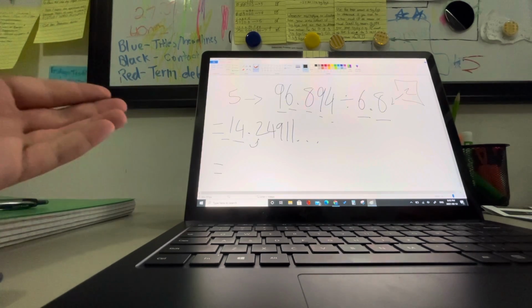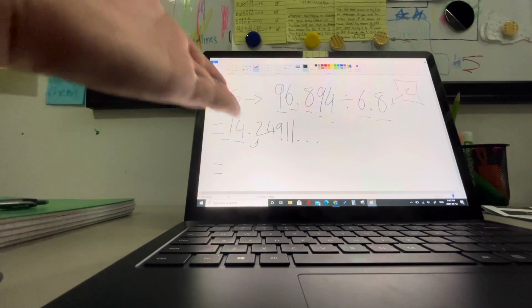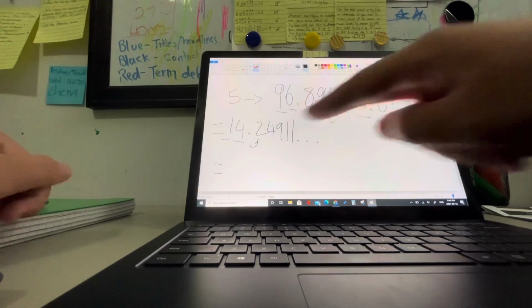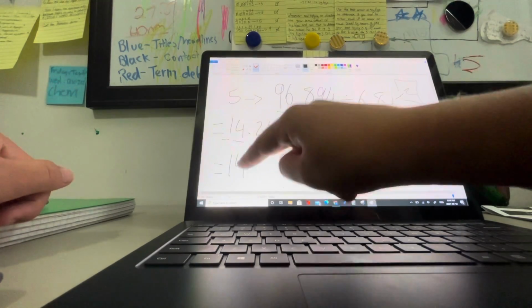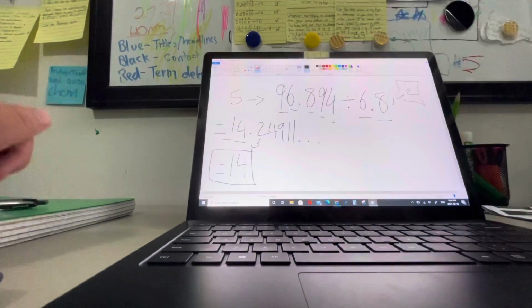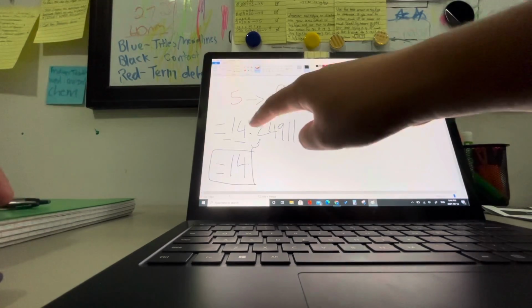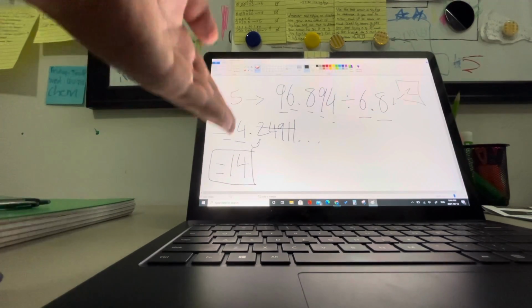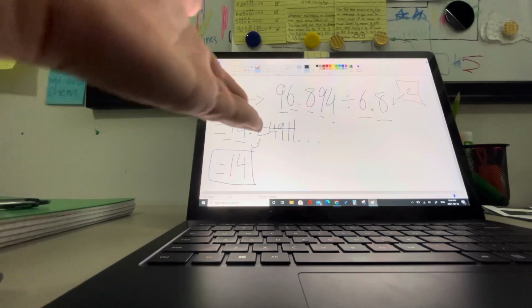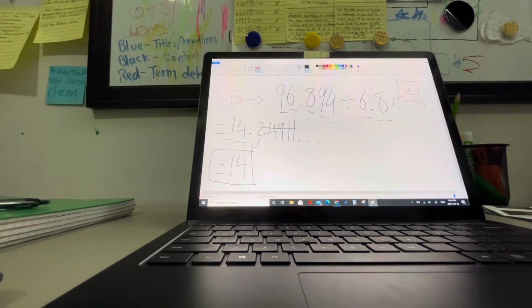If it was higher than 4, then it would have bumped up to 15. But in this scenario, it is just going to be 14. We don't even have to put the decimal. We don't have to put any of these numbers because it's just 2 significant figures. If it was 3 significant figures, then the 2 would have been in there. It would have been 14.2.